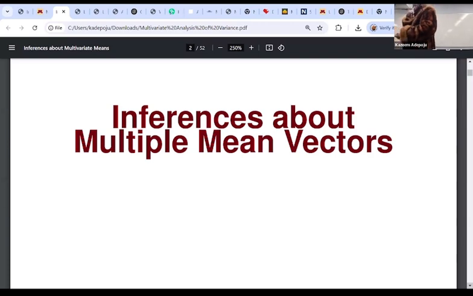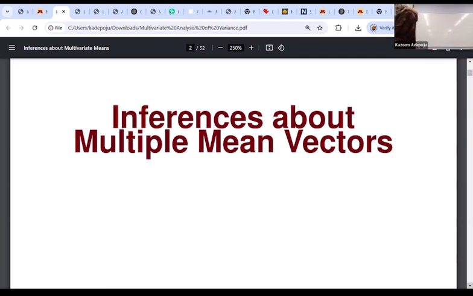I walked you through the classical t confidence interval, the Hotelling T-squared confidence interval, the Bonferroni, and also the large sample confidence interval. And I also walked you through how to test hypotheses when the single vector is hypothesized to have some values.